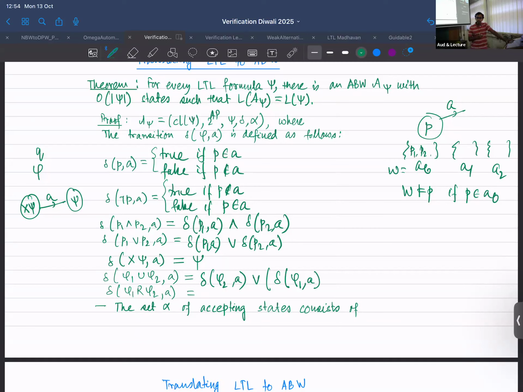So you can think of it like I have to satisfy phi1 until phi2 from here. I read an A, where should I go?